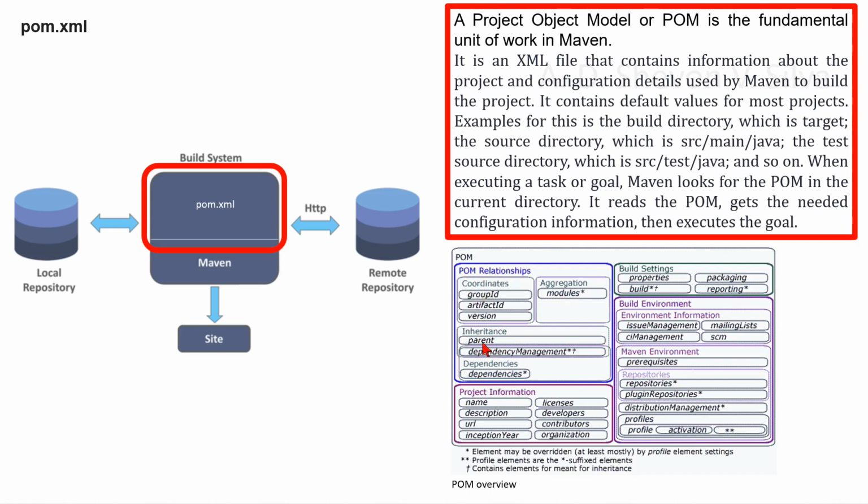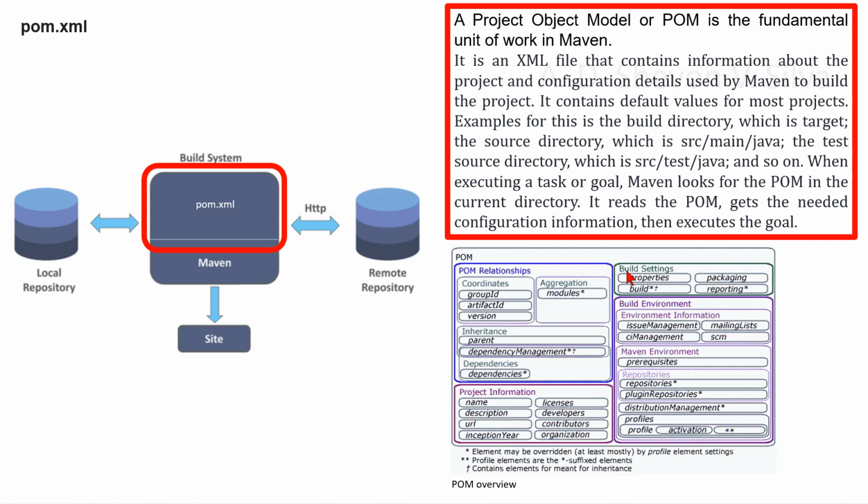Here you can see parents, dependency management, and under dependencies you can see dependency management and dependencies. Here you can see project information under POM, and you can see name, description, URL, inception year, licenses, developers, contributors, and organization under project information.